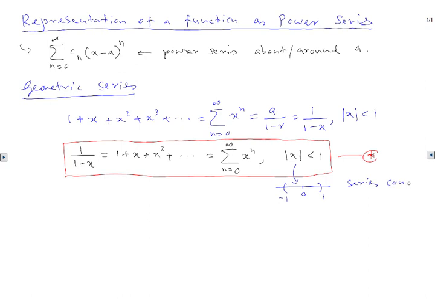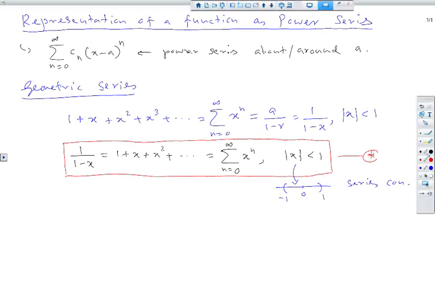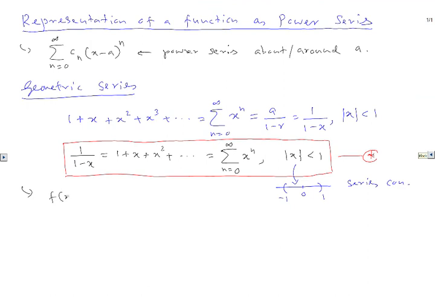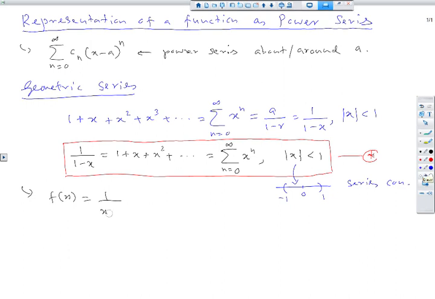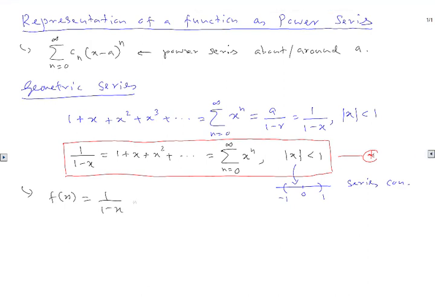Now let's use this idea to create more. What you notice is that the function 1 over 1 minus x is equal to the series. So if we have a function f of x equals 1 over 1 minus x, that function is equal to this power series, 1 plus x plus x squared, like that.